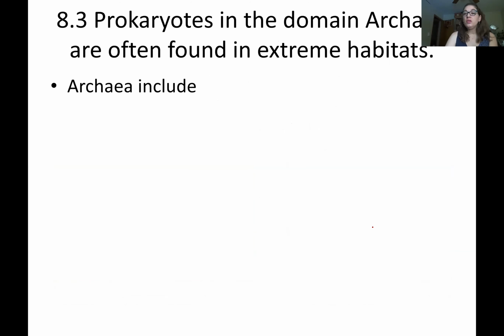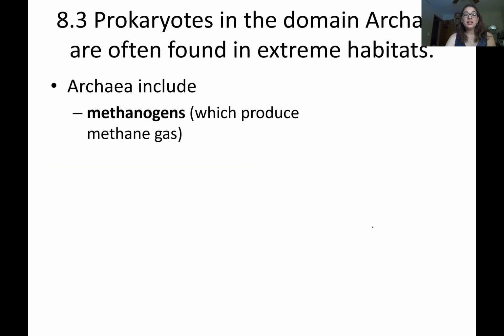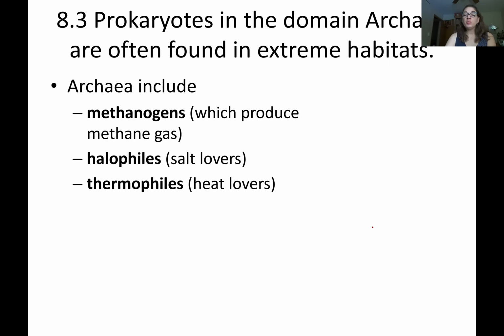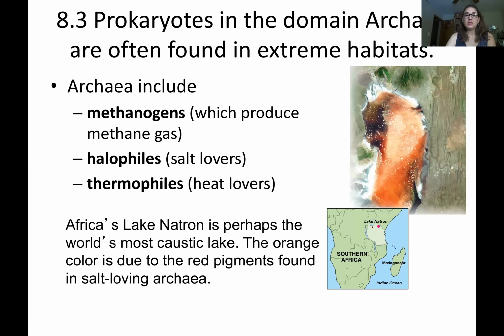Okay, so you often find prokaryotes that are in the domain Archaea in extreme habitats. Some examples: methanogens, these are Archaea that produce methane gas. Halophiles, like salt lovers. Thermophiles can live in extreme heat conditions.